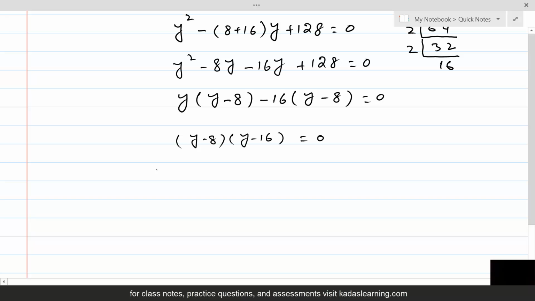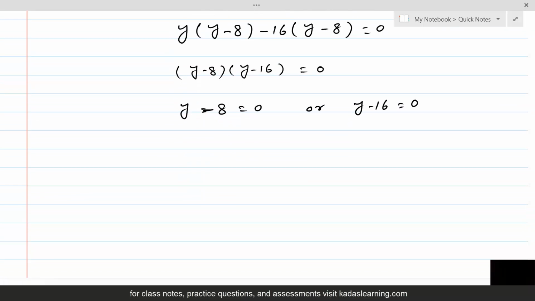As the product of two real numbers is equal to 0, therefore y minus 8 is equal to 0, or y minus 16 is equal to 0. If y minus 8 is equal to 0, this means y is equal to 8, and here y is equal to 16.